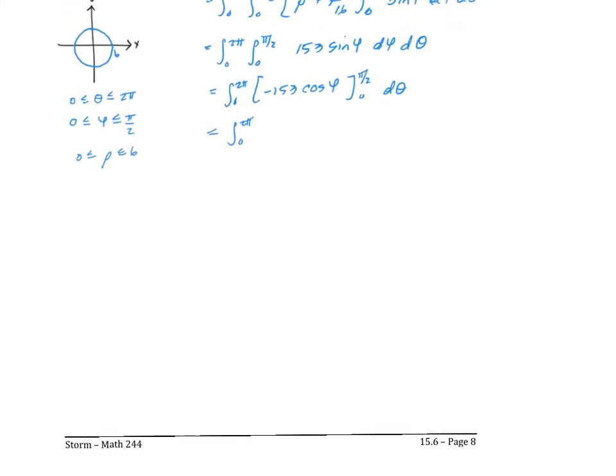So that's just going to be 153, and this is with respect to theta, so 153, 0 to 2 pi, d theta.